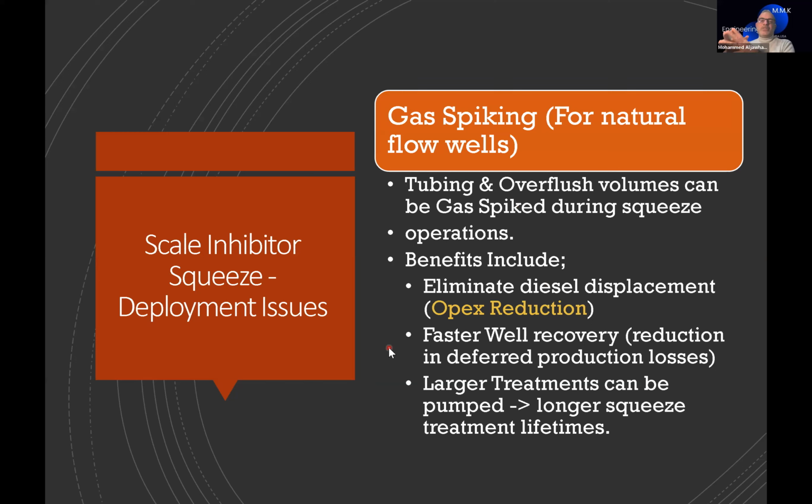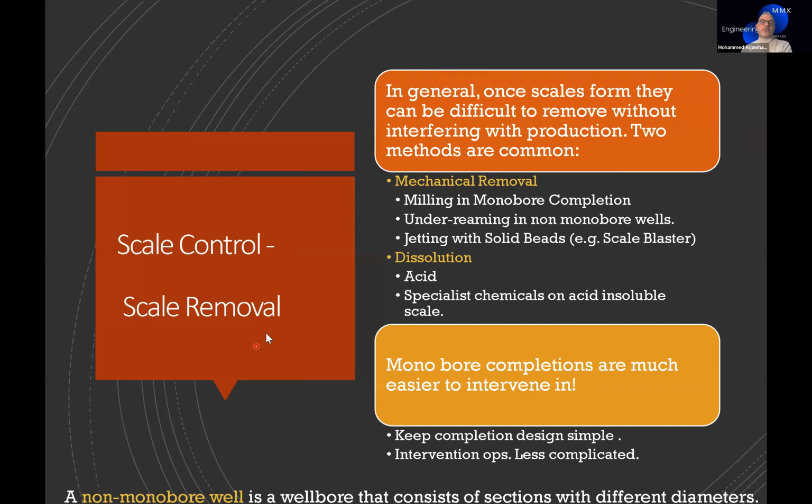So by using gas instead of diesel displacement, maybe we have a lower amount of OPEX spent on these kinds of remedial actions, and this may cause a faster well recovery because we have a reduction in deferred production losses. Larger treatments can be pumped, with longer squeeze treatment lifetimes. So these are the scale inhibitor deployment issues.